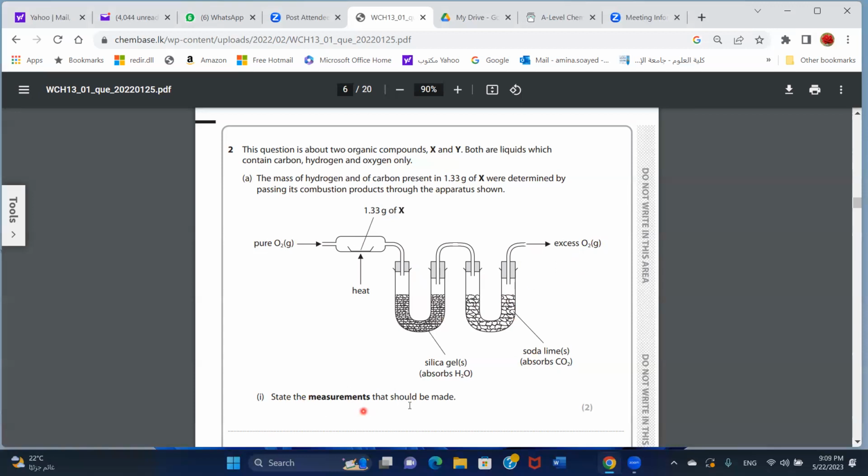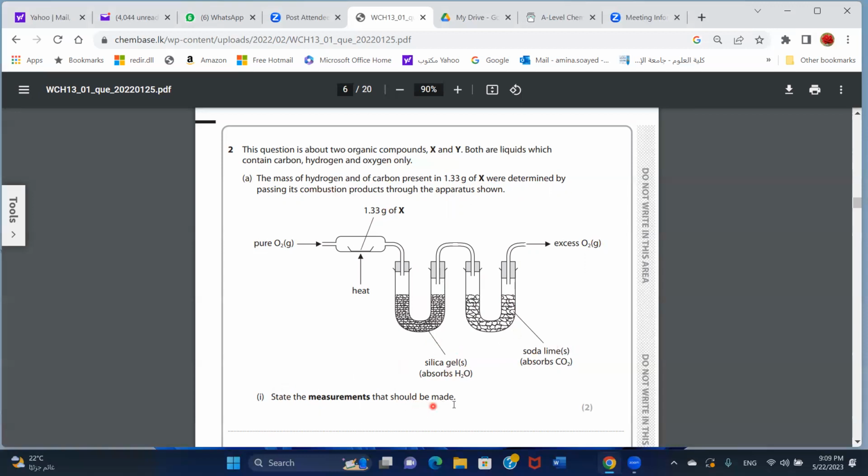So state the measurements that should be made. They want the mass of hydrogen and of carbon present in the 1.33 grams of X, determined by passing its combustion products through the apparatus shown. So we want the mass of hydrogens and carbons that are present in the water and carbon dioxide.